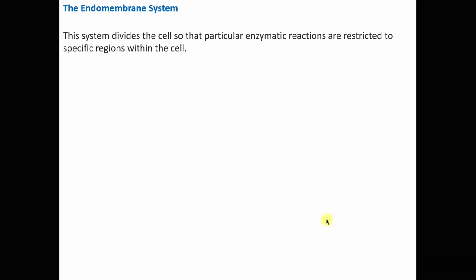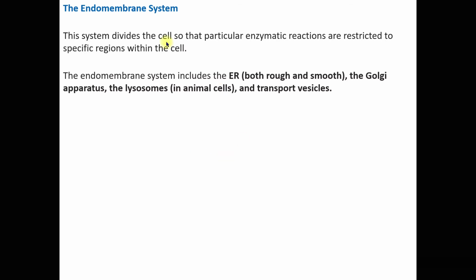Now, the endomembrane system. Before I further discuss the other organelles, I want to highlight the endomembrane system. This endomembrane system divides the cell so that particular enzymatic reactions are restricted to specific regions within the cell. Meaning the endomembrane system is very particular to one part of the cell only. Now for your level, the endomembrane system consists of the ER, the Golgi apparatus, the lysosomes, and the transport vesicles.